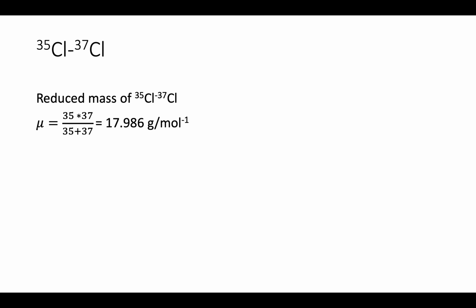But we don't want it in mole to the minus 1, we want it in bond to the minus 1. So again, I have to divide that by Avogadro's constant to give us a new value of 2.988 times 10 to the minus 23 grams per bond to the minus 1.